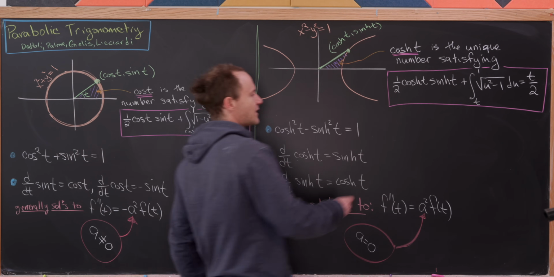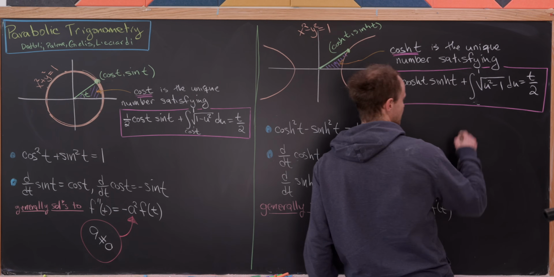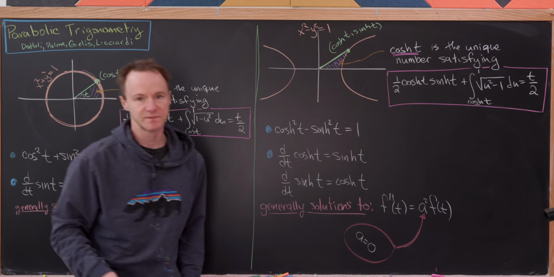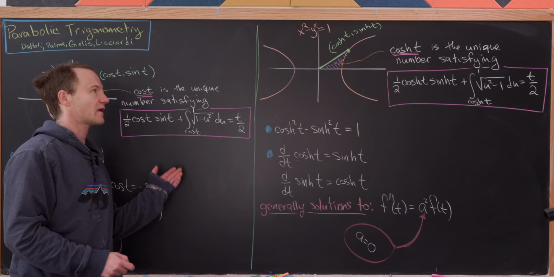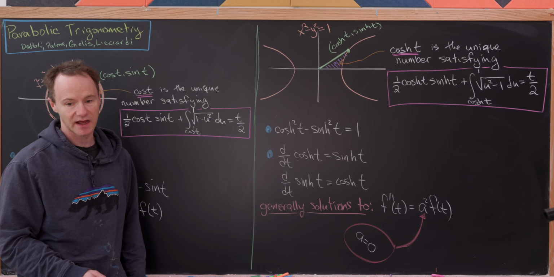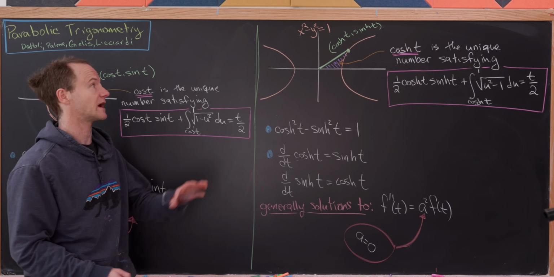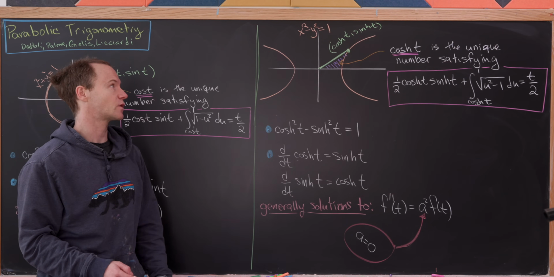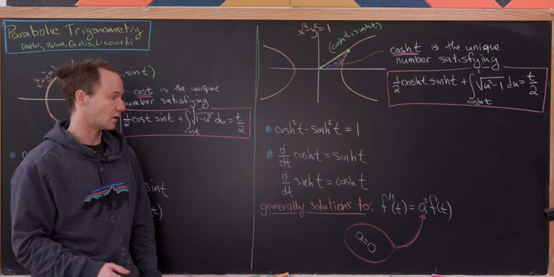Okay, so now let's move on to the hyperbolic trig functions, and you'll see a lot of parallels here. So the hyperbolic cosine and the hyperbolic sine are methods for parameterizing what I'll maybe call the unit hyperbola, x squared minus y squared equals 1.